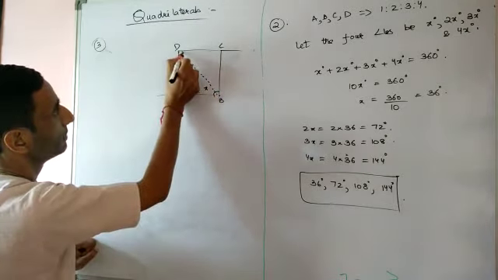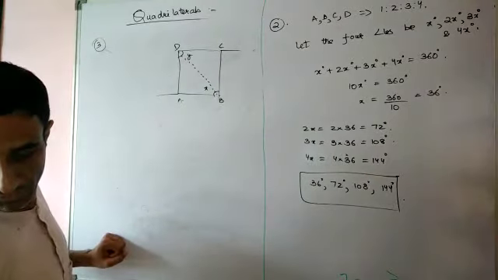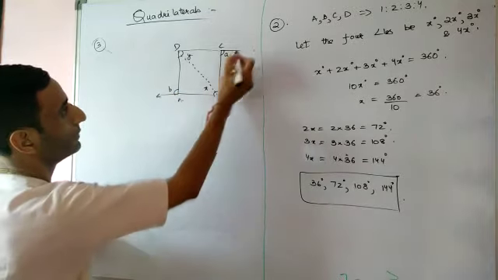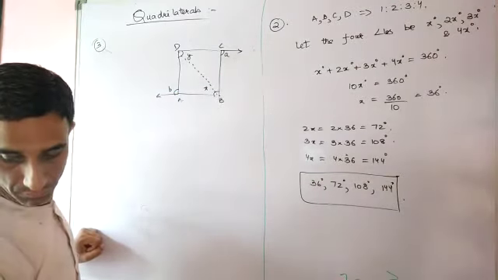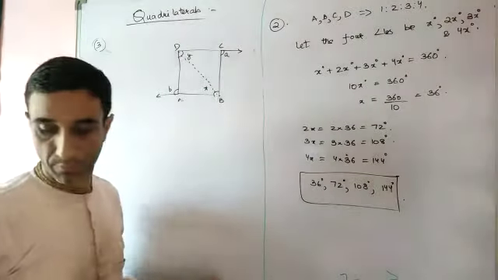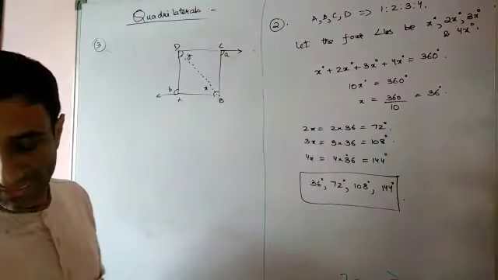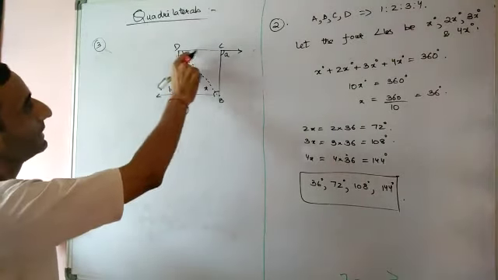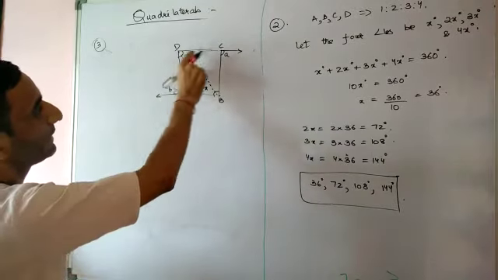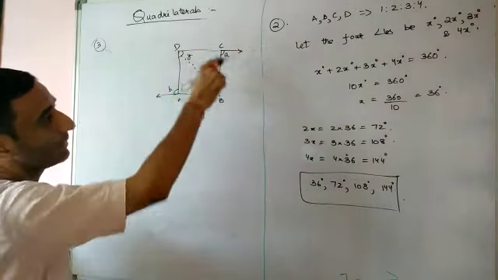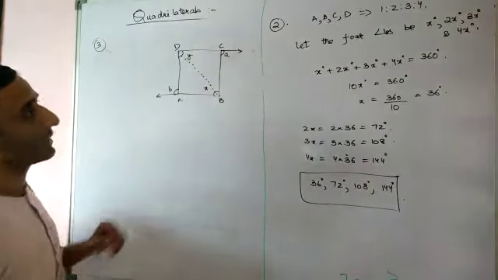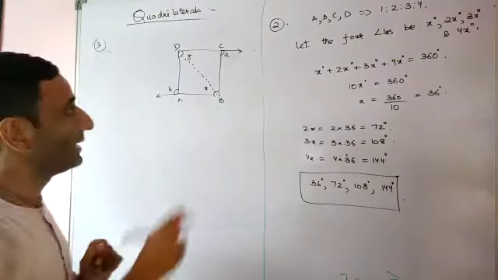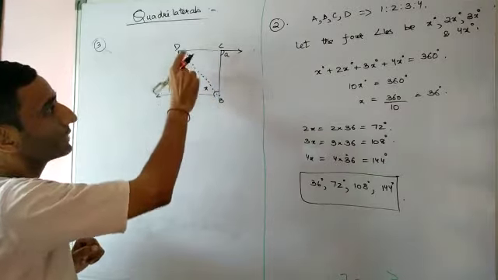This is x degrees, this is y degrees, A, B. It is given that sides BA and DC of the quadrilateral ABCD are produced in such a way that we have these external angles A and B, and we are given that this angle is X and the opposite angle is Y.